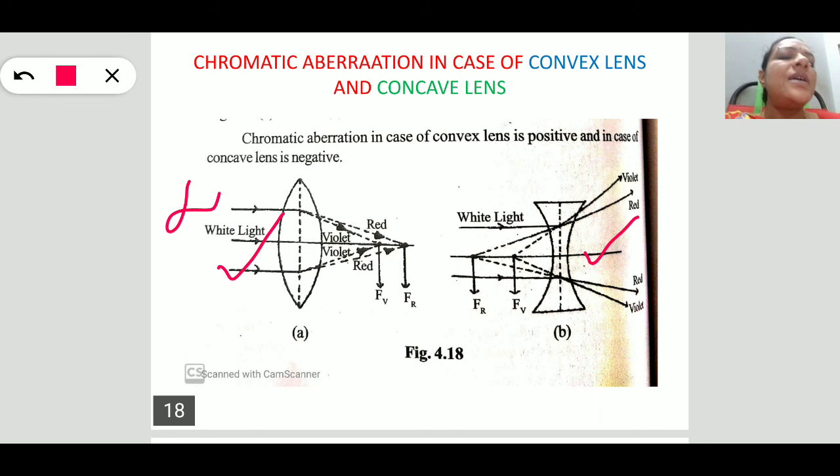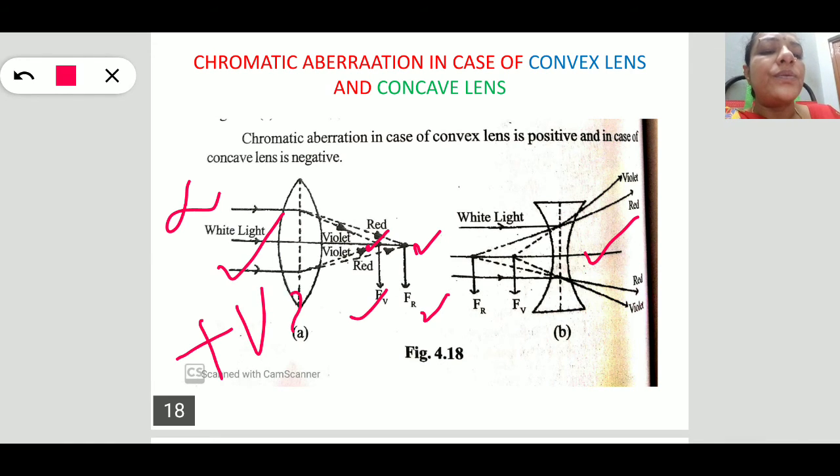After incidence on the lens system, the rays converge at different points. Here you get the violet color image and the red color image. This is the focal length of violet and this is the focal length of red rays. So the chromatic aberration for this convex lens is taken as positive.